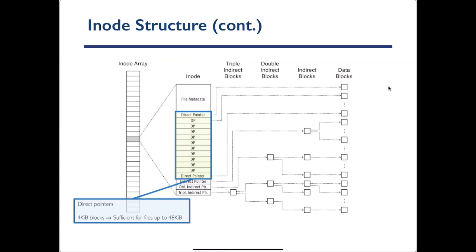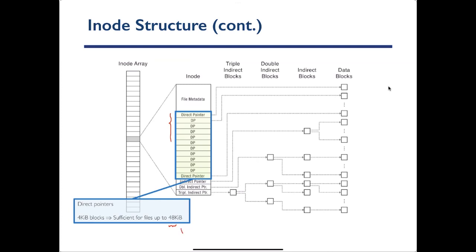Let's assume that each block is 4 kilobytes. Then with these pointers, you can cover 48 kilobytes. So if your file is smaller than 48 kilobytes, all it takes is to use as many direct pointers as needed to store your file.